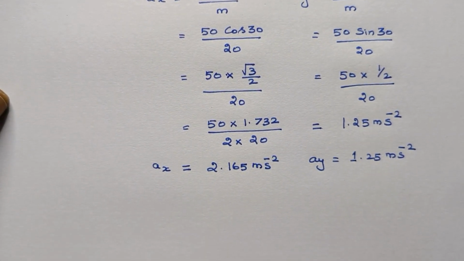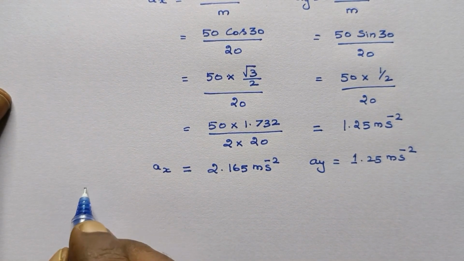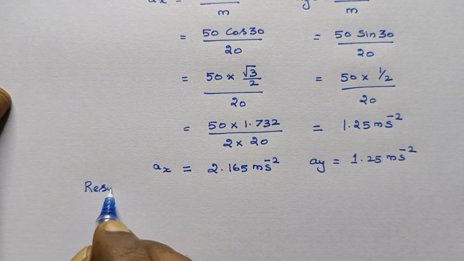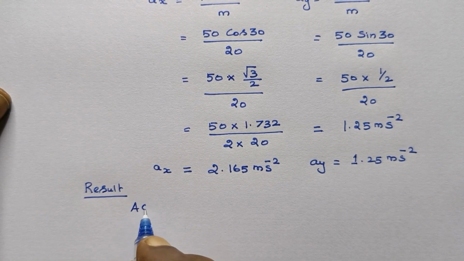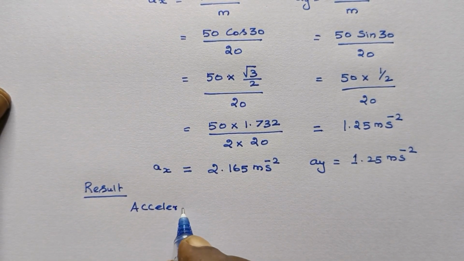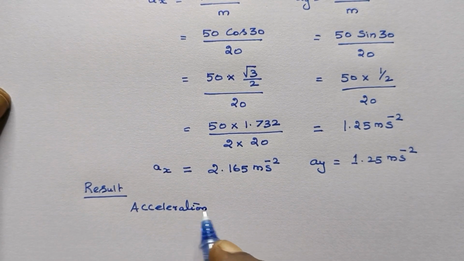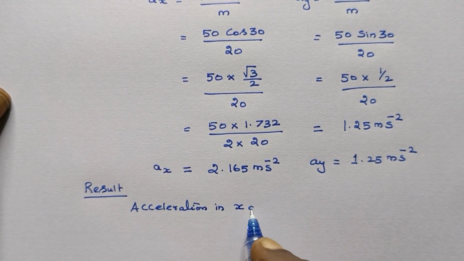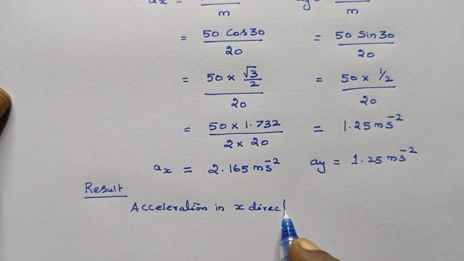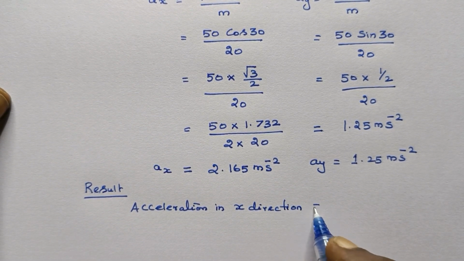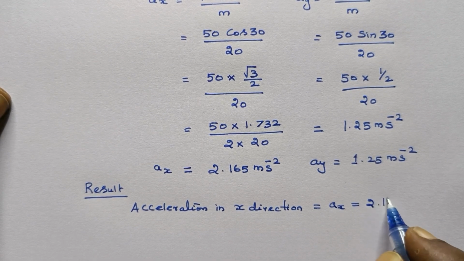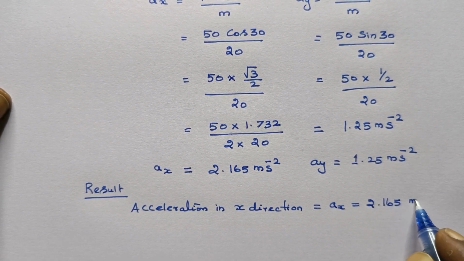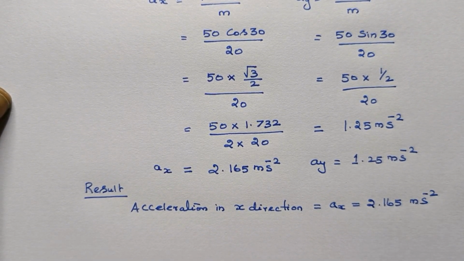So we can write the result. Acceleration in x direction is equal to Ax, which is equal to 2.165 meter per second square.